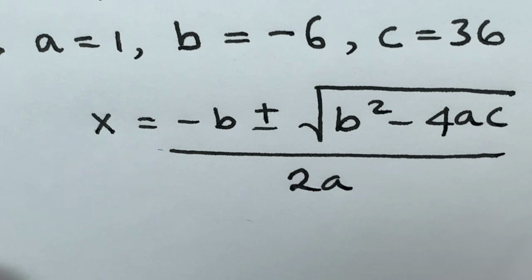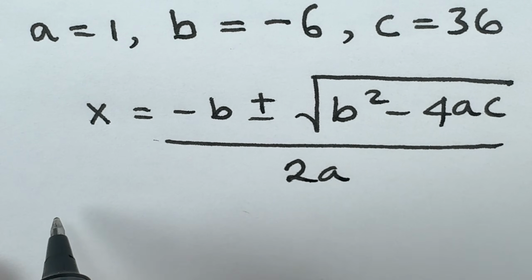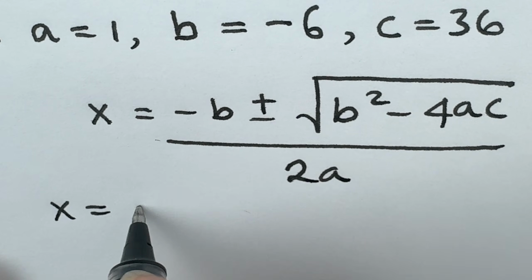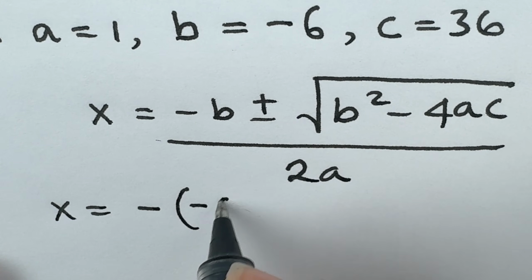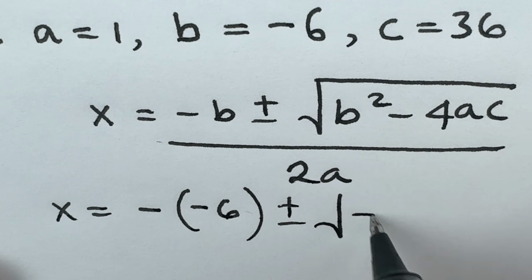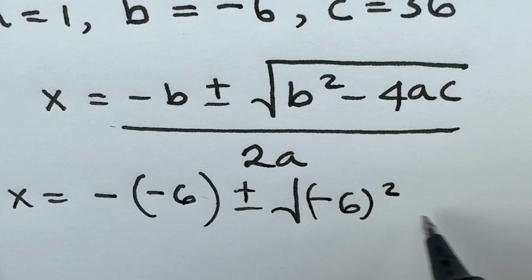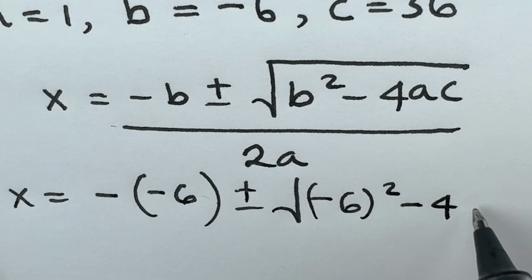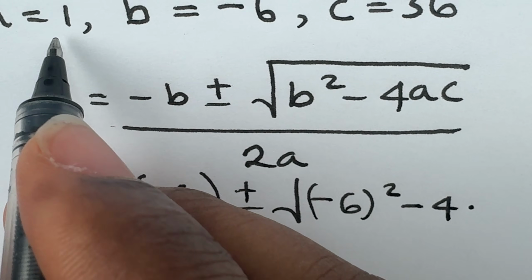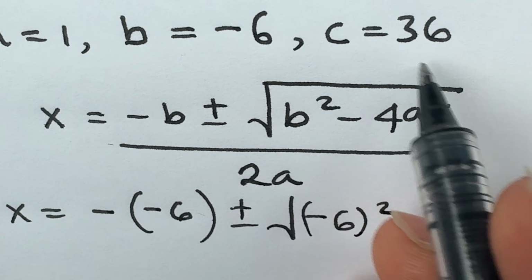So let's diligently put in each of these values. x will give us minus 6 plus or minus the square root of 6 squared minus 4 times a is 1 and then c is 36.